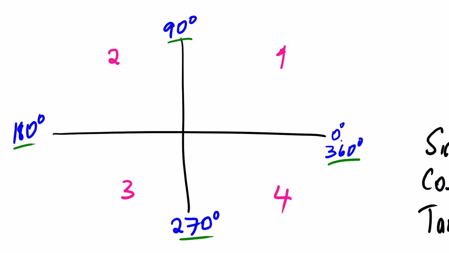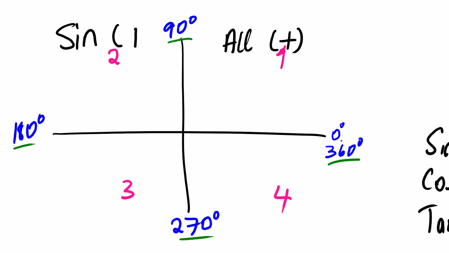What is important? All trig ratios in quadrant number 1 are positive. In quadrant number 2, sine is the only trig ratio which is positive, and then the other trig ratios, cos and tan, are negative in this quadrant.